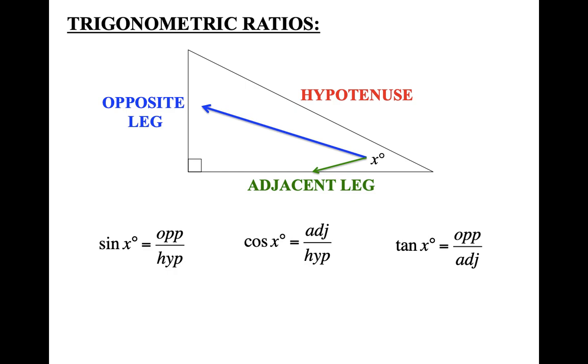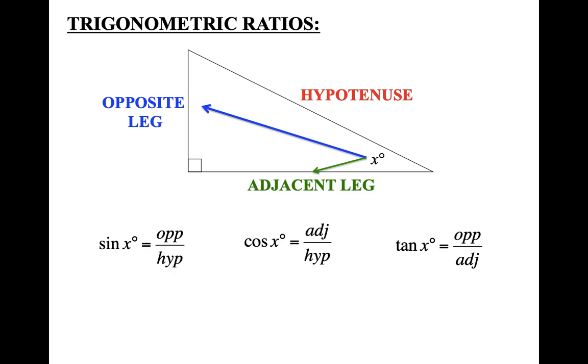So how does it happen? Well, a long time ago, someone sat there with right triangles and a ruler and a protractor, and they would create all these different right triangles. So they would start off with a right triangle where one of the acute angles was 1 degree. And they would measure the opposite leg, they would measure the adjacent leg, they would measure the hypotenuse, and for 1 degree, they would take the measurement of the opposite leg and divide it by the measurement of the hypotenuse, and they would write it down once they divided.